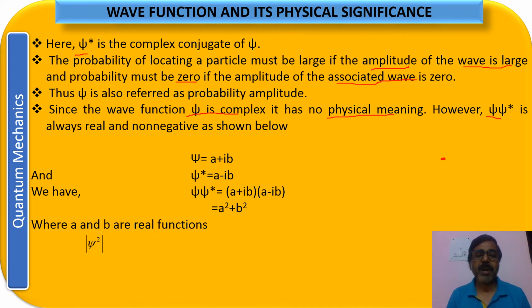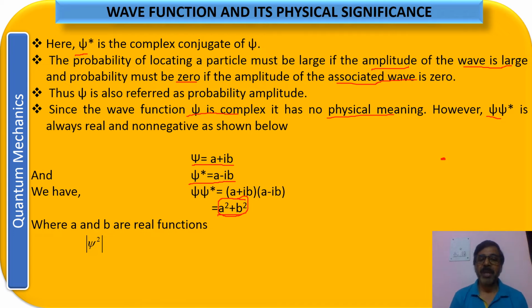Let us suppose psi is equal to a plus ib, then naturally its conjugate will be a minus ib. If I take the product of psi and psi conjugate, we get a plus ib into a minus ib, which is like a plus b into a minus b, giving a square plus b square, since i square is equal to minus 1. So a square plus b square is a non-negative number and is always a real number.